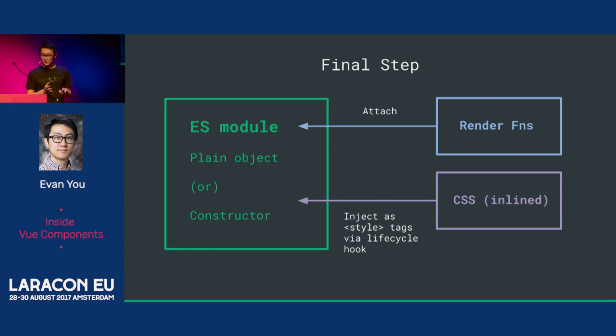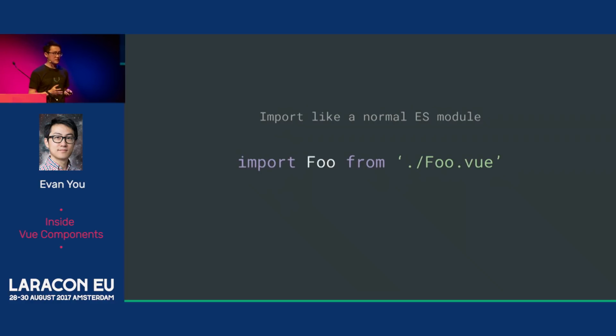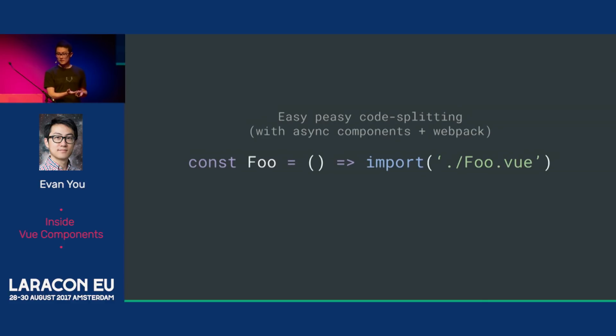Okay? Because it's pure JavaScript, you can think of it as just a JavaScript file when you are using it externally. You can import them using the JavaScript import syntax. You can import foo from foo.vue, and what you get is a JavaScript module. This means everything that's supposed to work with JavaScript would just work with single file Vue components. So you can do code splitting.